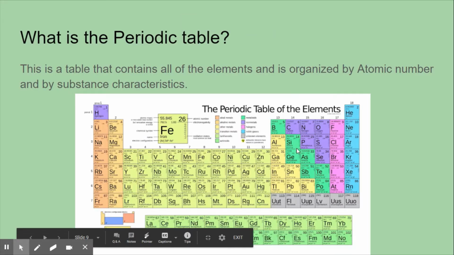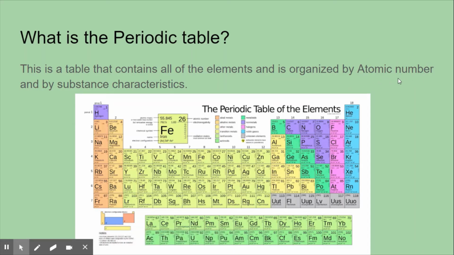So all of these are organized by atomic number, and if you remember, the atomic number that we talked about is the number of protons that an atom has, how many protons in total it has.